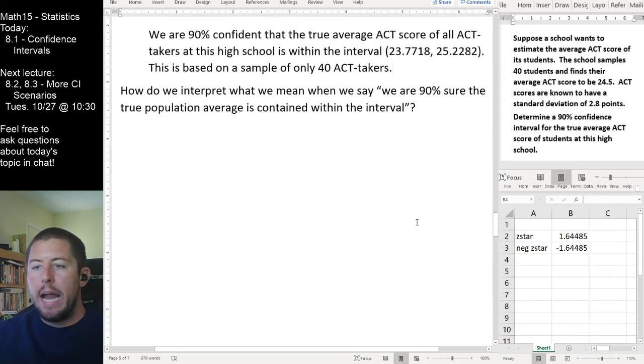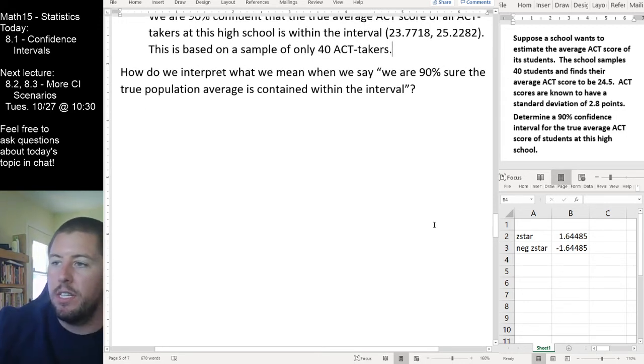What do we mean when we say we're 90% sure that the true population average is contained within the interval?